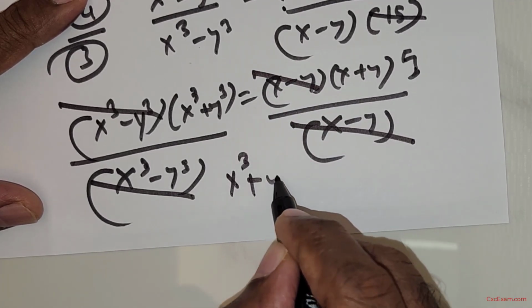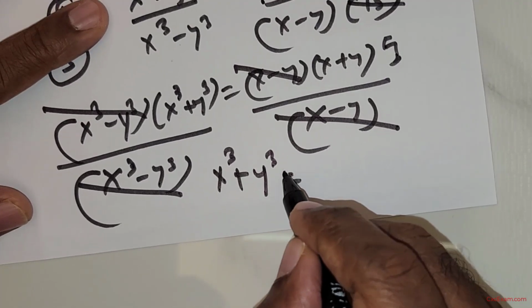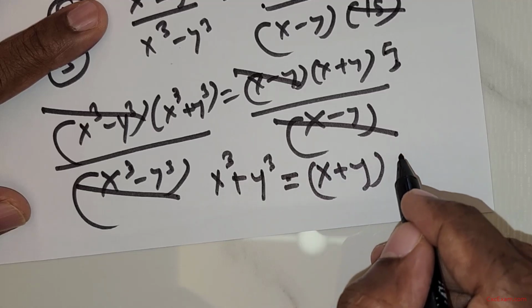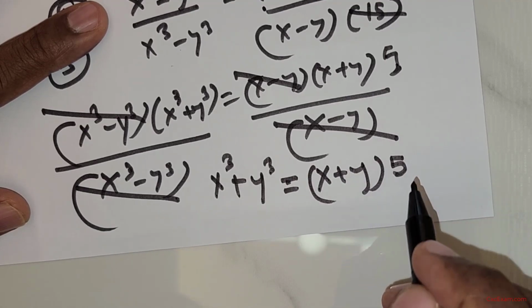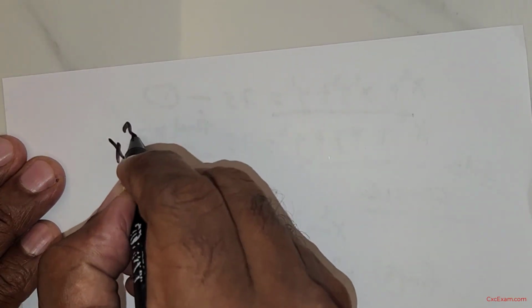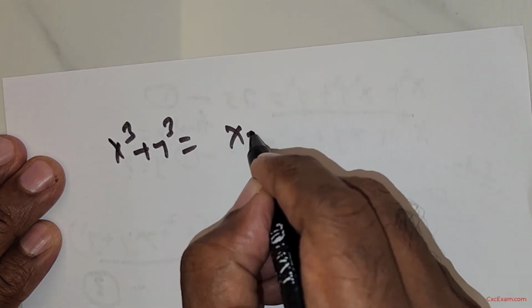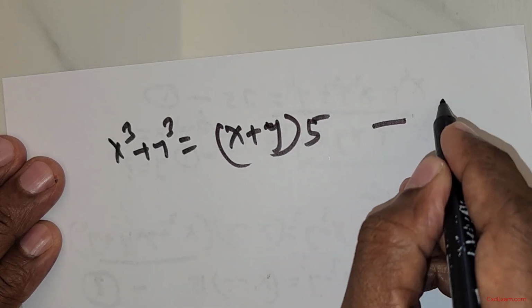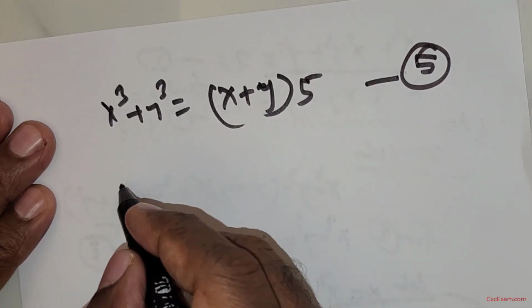You now have x cubed plus y cubed is equal to (x plus y) multiplied with 5. Let me rewrite that over here. Probably you can take this as number 5.